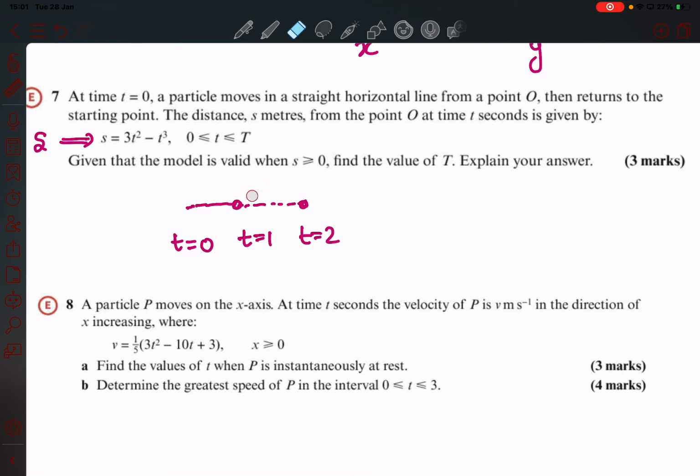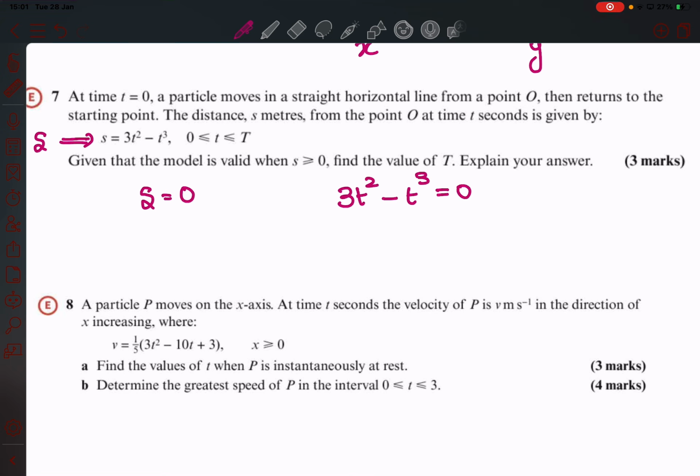So all you have to remember is, if something comes back to its initial position, s would be equal to 0. So all I am looking for now is, when does 3t squared minus t cubed become equal to 0? How would I factorize this?